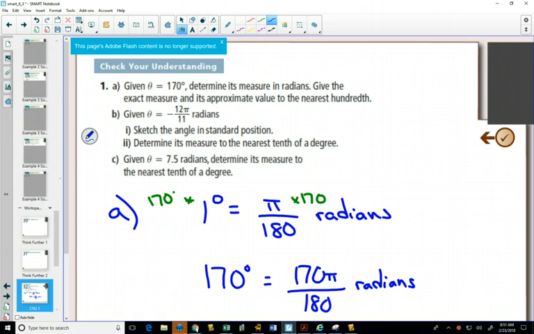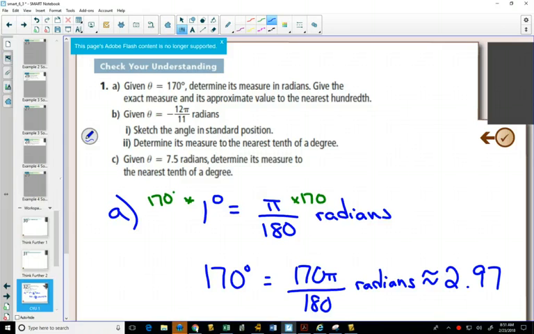If we wanted to find out as an approximation, we'd have to go to our calculator, type it in, and we find out that to the nearest hundredth, 170 degrees is approximately 2.97 radians. And this is where radians are going to be difficult for you at the beginning.